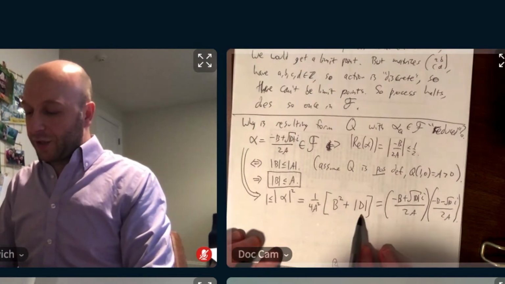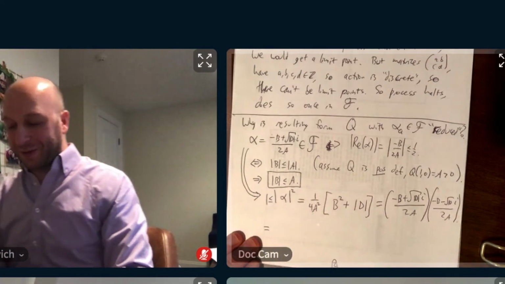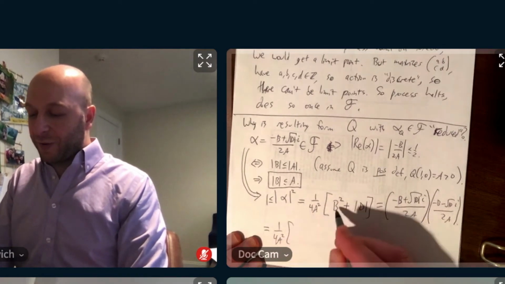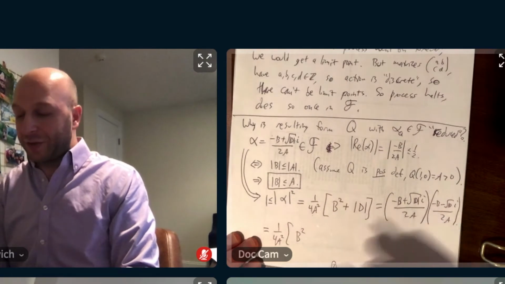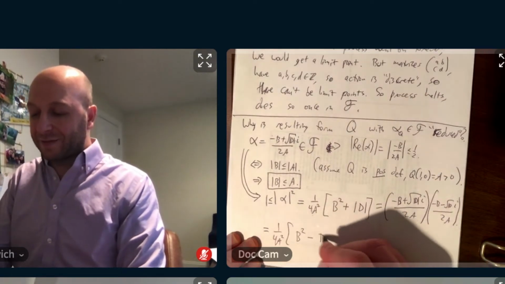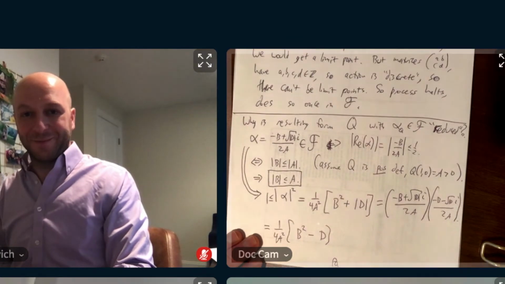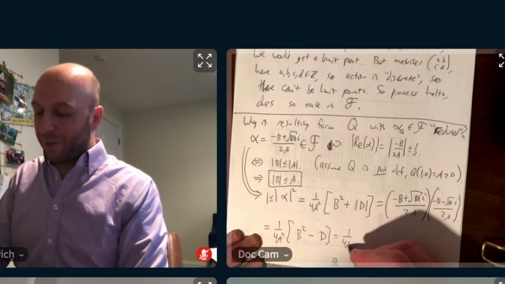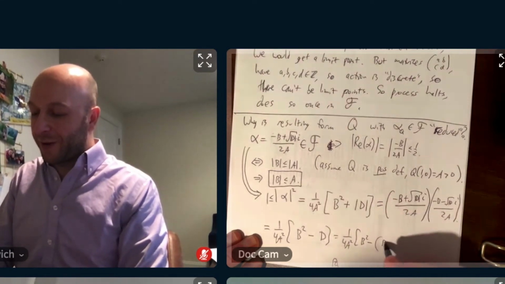Okay, so now what? Yukong already told us what's about to happen. Let's just simplify this a little bit, because we have b squared. The absolute value of d is negative, so its absolute value is its negative. Everybody see that? And then here we have a 1 over 4a squared, but remember what d is. It's b squared minus 4ac.